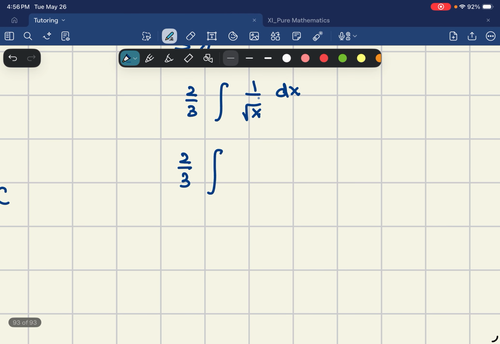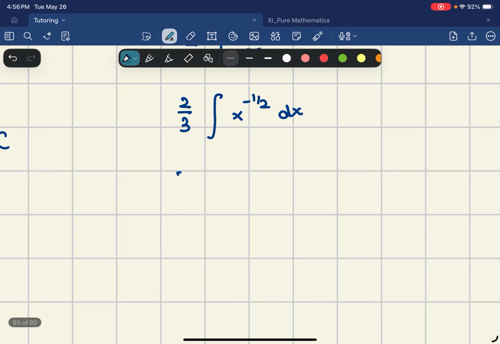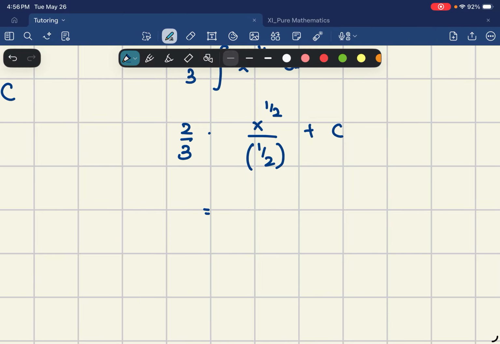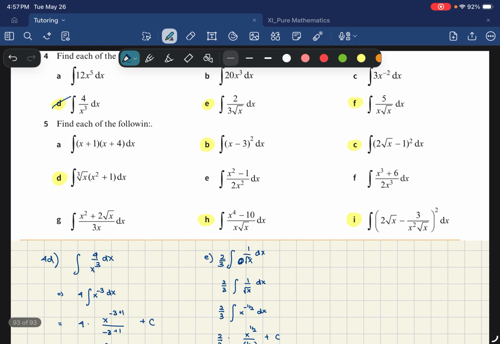So now this is going to be x to the power negative half dx, right? And now, remember, x to the power negative half, you increase the power, and then you divide by the new power. So you increase the power by 1, and you divide by the new power. This is the expression you're going to get. And if you simplify this, you are going to get this expression. And x to the power half, you can write it as square root of x. So this is going to be your solution for E.